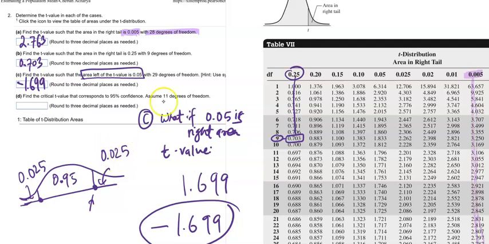That's the right area. You need to use this right area and 11 degrees of freedom to find the critical value of t. So again, I see 11 degrees of freedom, and 0.025 is this one. So this value here is the critical value of t, 2.201.